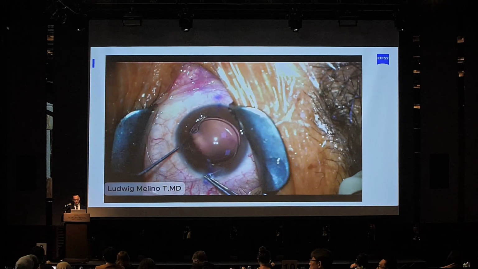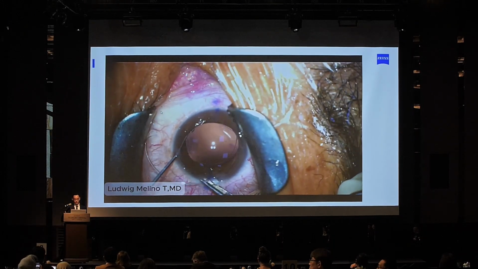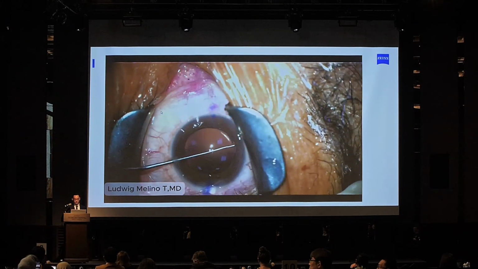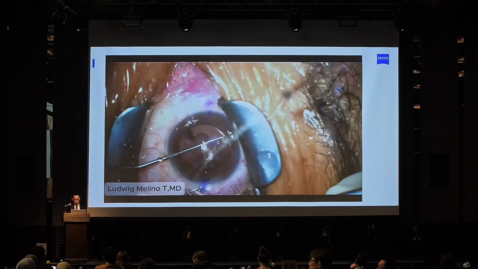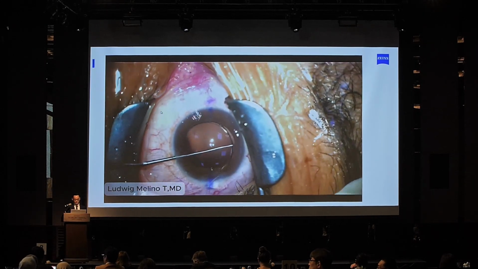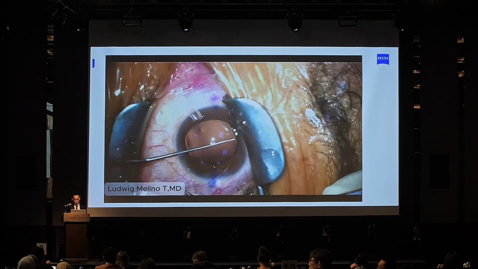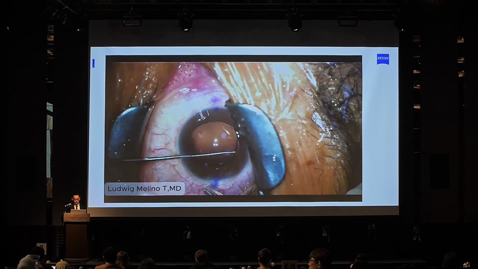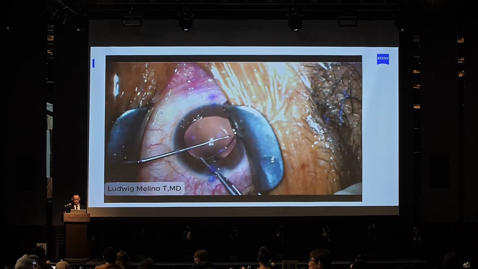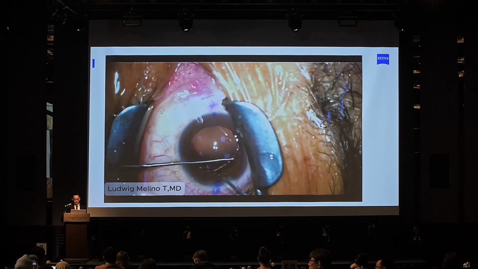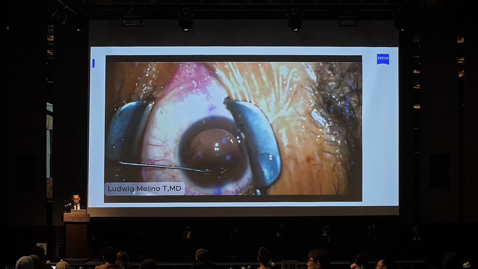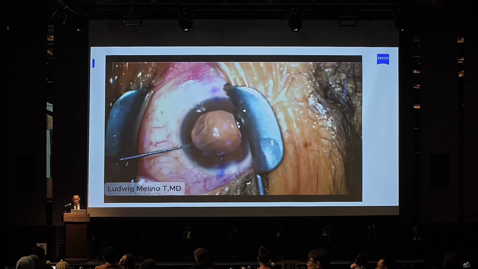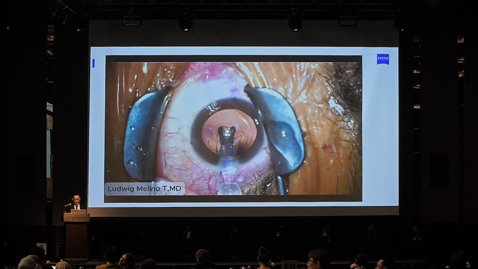And then I also implant the CTR before I implant the Atlisa tri toric. Nowadays, in almost all cases with high myopia, I always implant the CTR before I implant the refractive IOL.